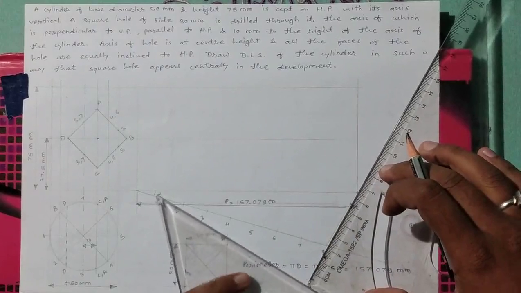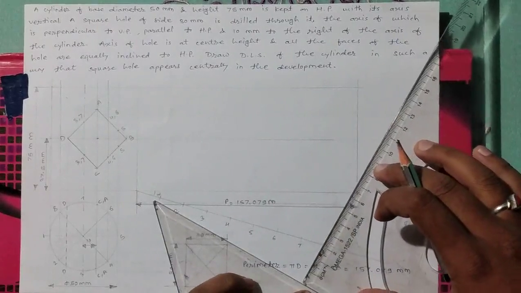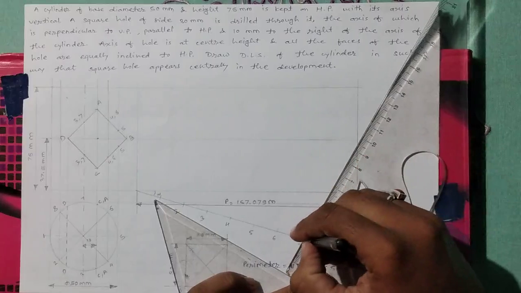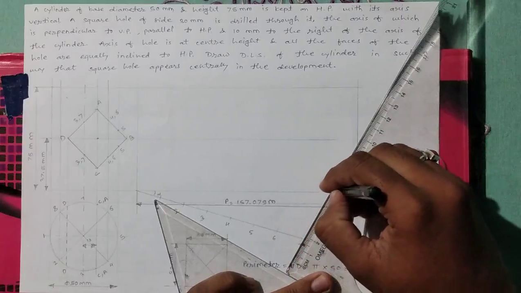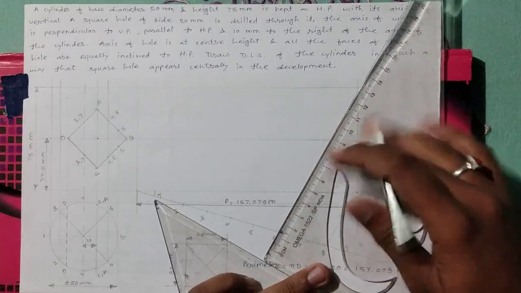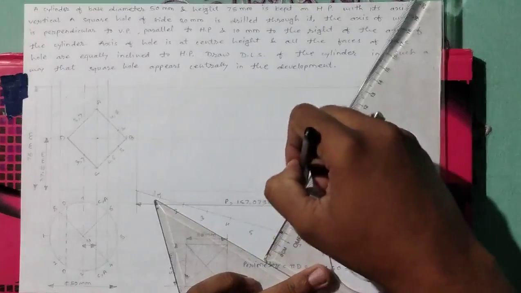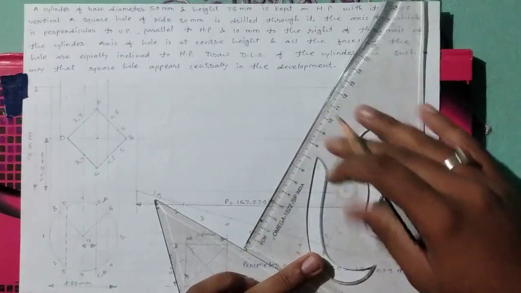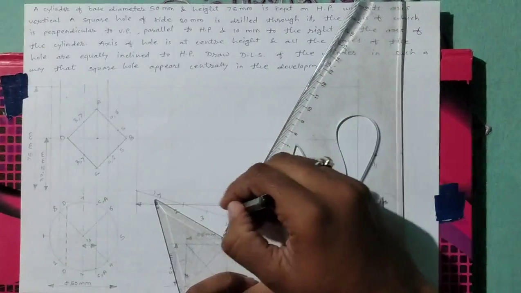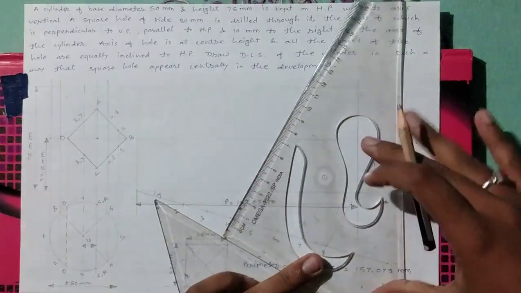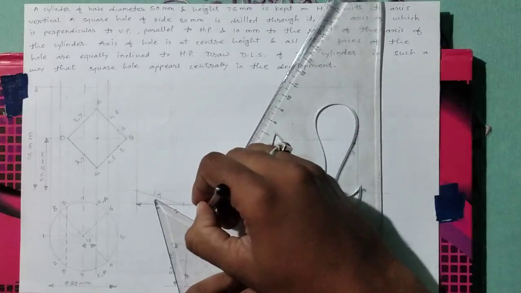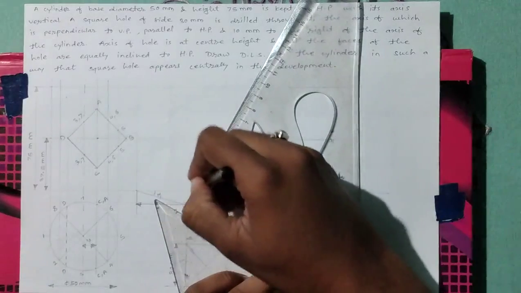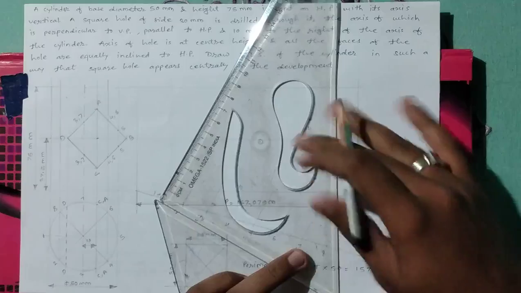After that, take parallel lines from point 7, from point 6, from point 5, point 4, point 3, point 2, and from point 1.